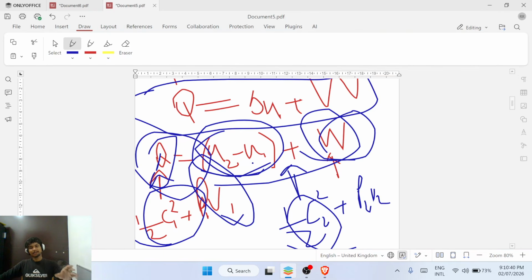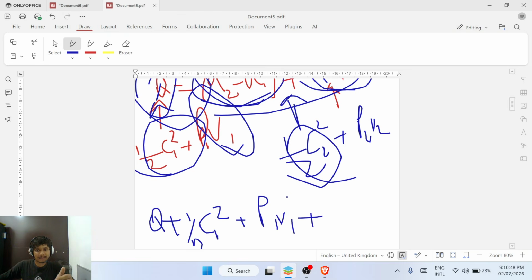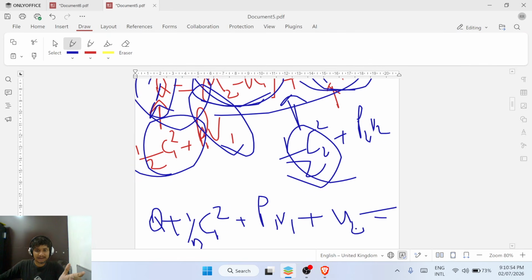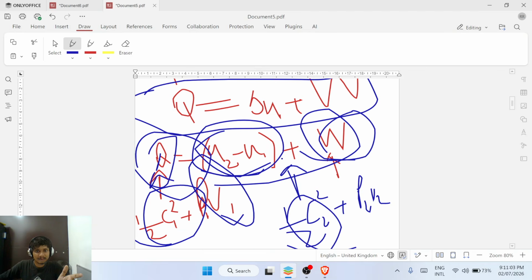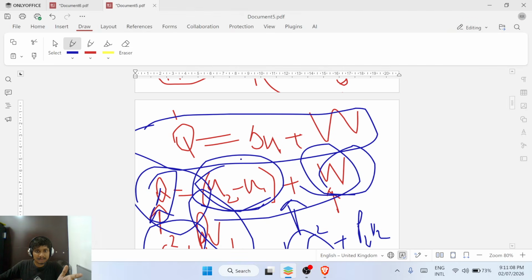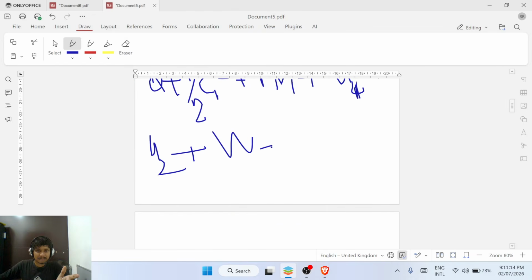I am going to move the minus U1 from right to left, so it becomes plus U1 on the left side. On the left side, Q plus half c1 square plus p1 v1 plus u1 is equal to, on the right side, u2 plus w plus half c2 square plus p2 v2.